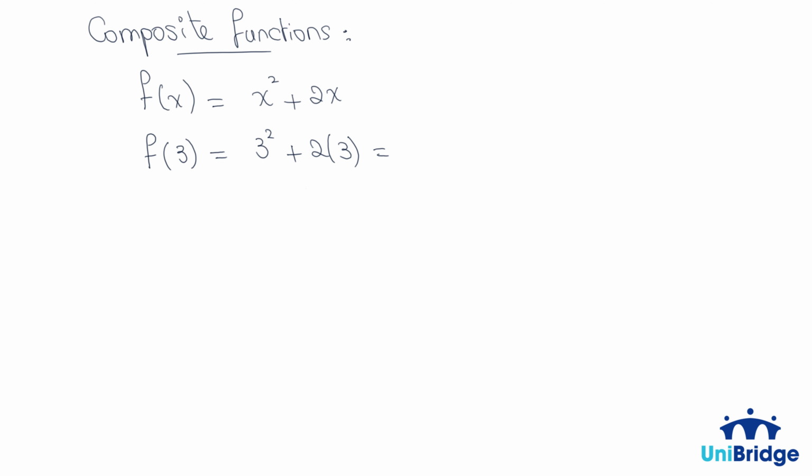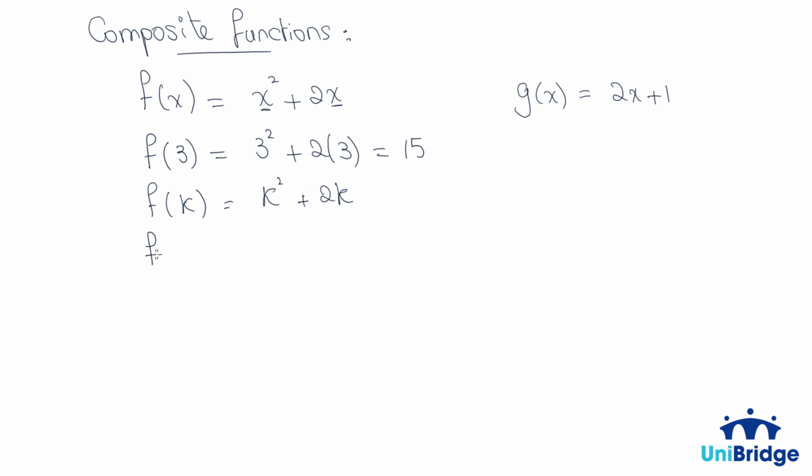And then you can go ahead and calculate these values to get 15. But if you have, let's say, f of k, this is exactly the same concept. You remove each x in the function and plug in k. So this becomes k squared plus 2k, right? What if you have a different function? Let's call it g of x, and let's have its equation to be 2x plus 1.